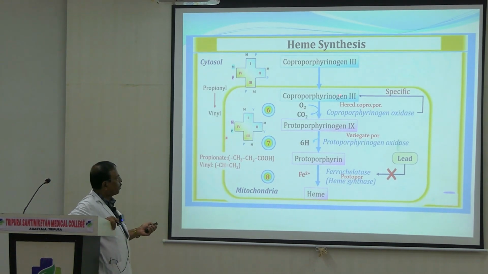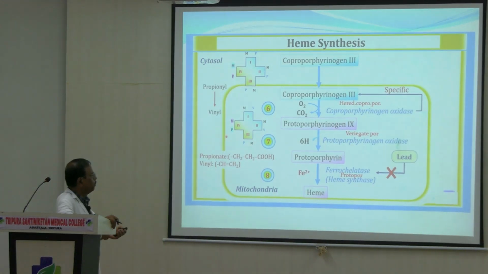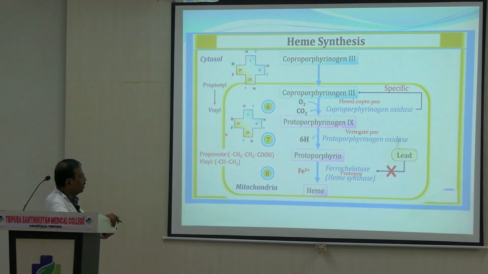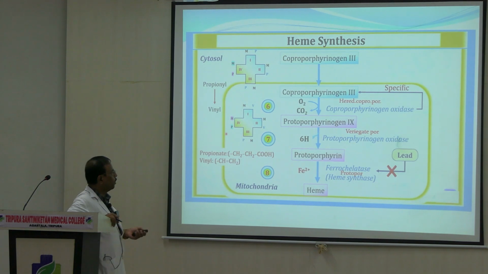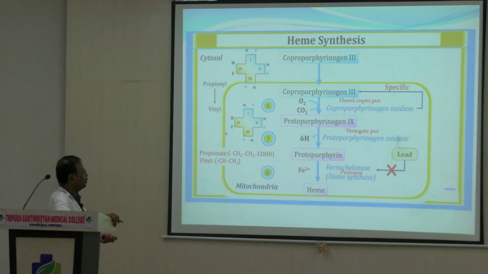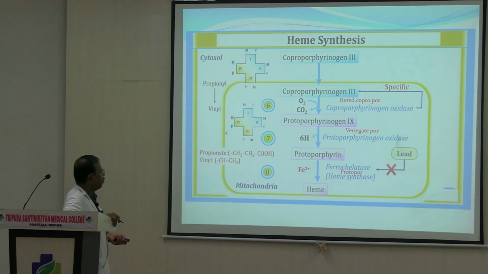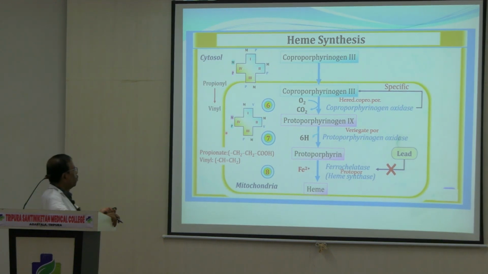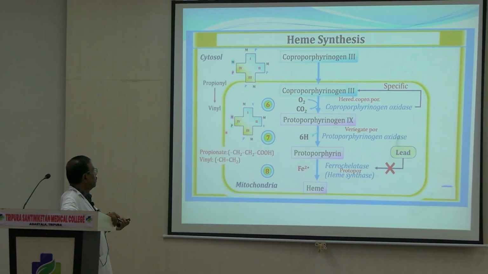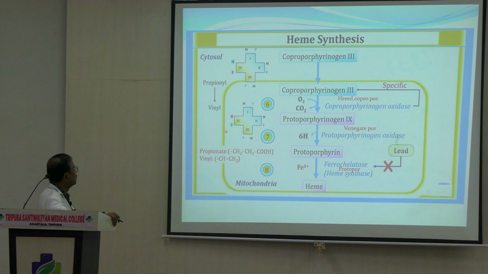So, coproporphyrinogen 3 will be converted into protoporphyrinogen 9 with the help of coproporphyrinogen oxidase. So, here what happens?